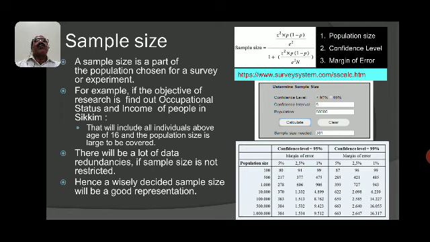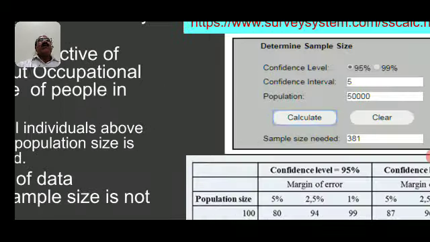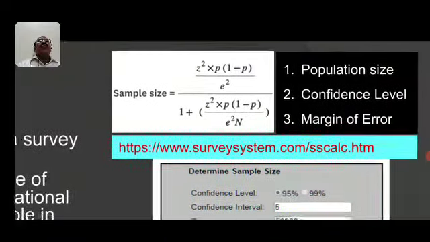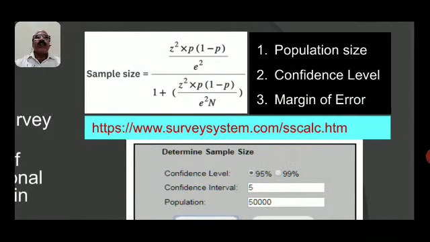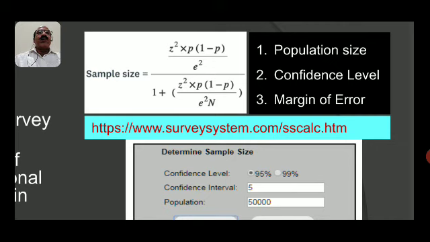So what should we decide or look into? The sample size can be determined on the basis of population size. Then the confidence level, you are confident that 95% it's valid, 5% error. Then the margin of error in the data.